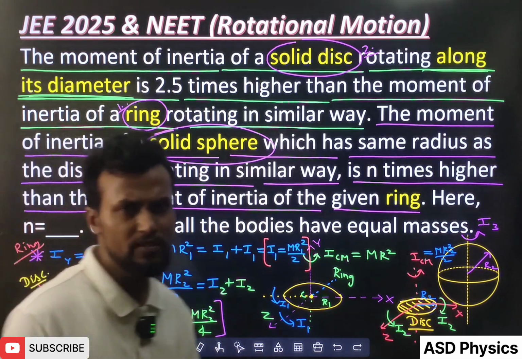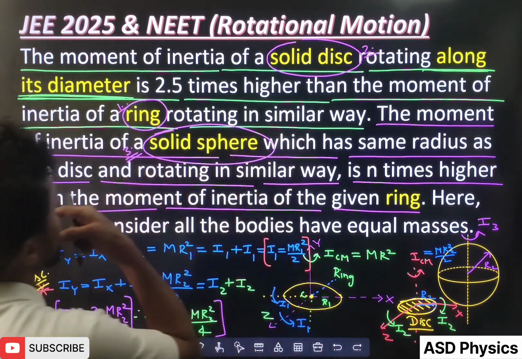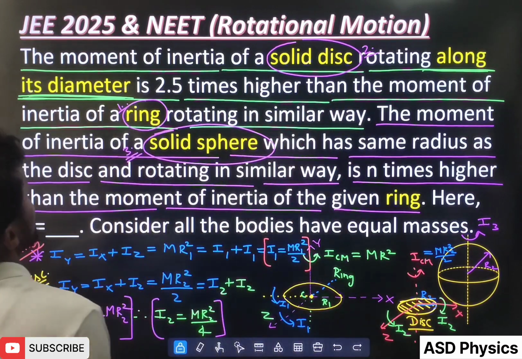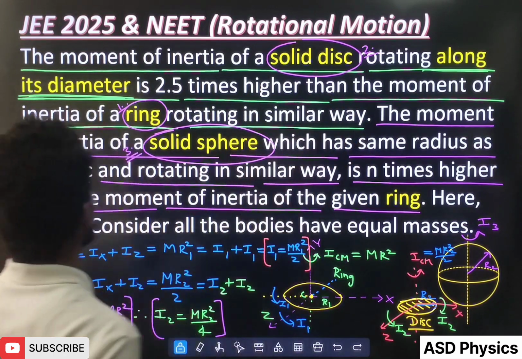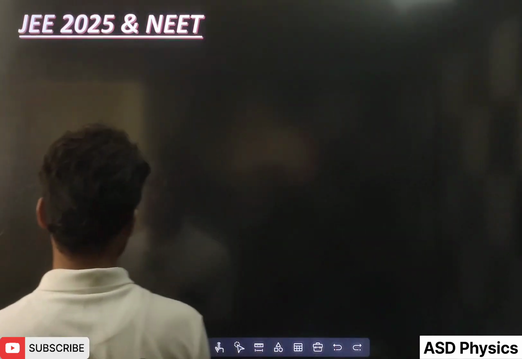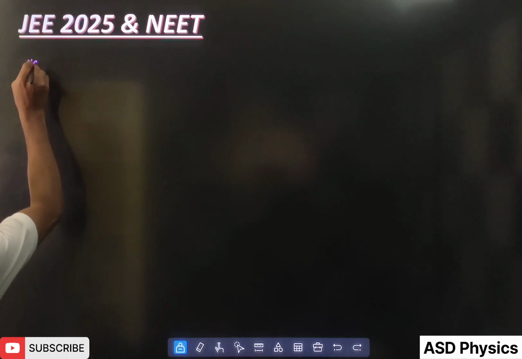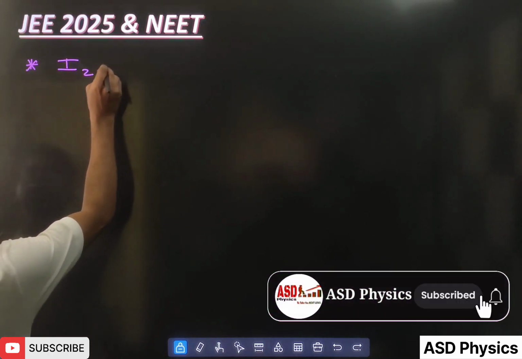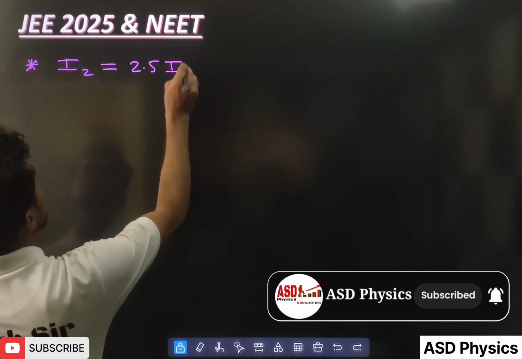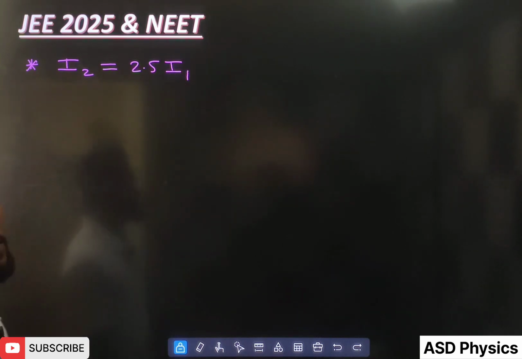So individually we have calculated this. Now we will negate the question. The moment of inertia of a solid disc is 2.5 times higher than the moment of inertia of the ring. So according to the question, students, this I2, that means the disc, is 2.5 times the moment of inertia of the ring.